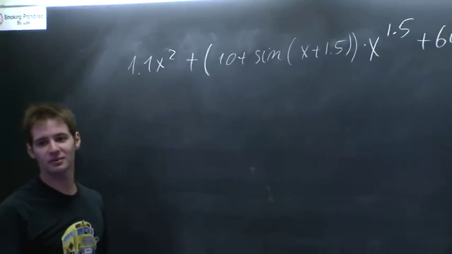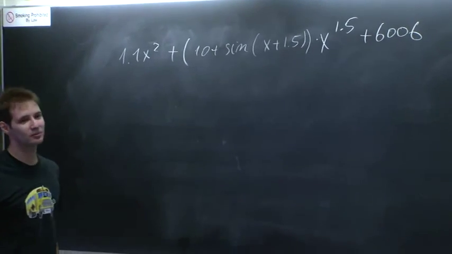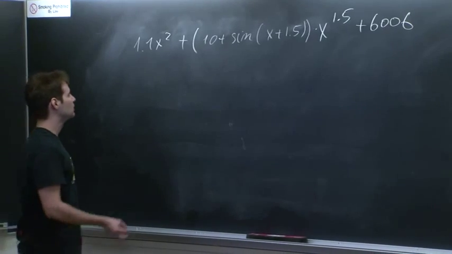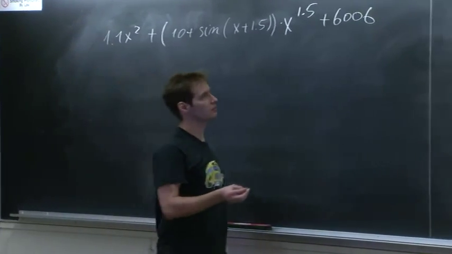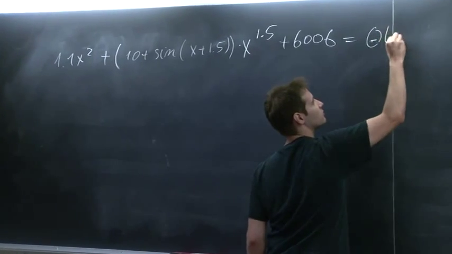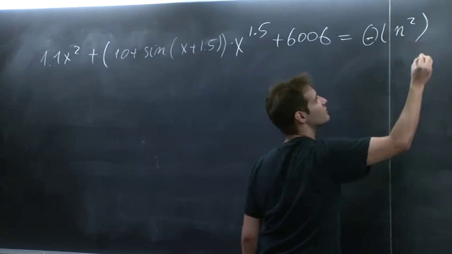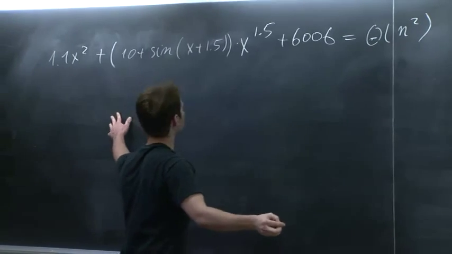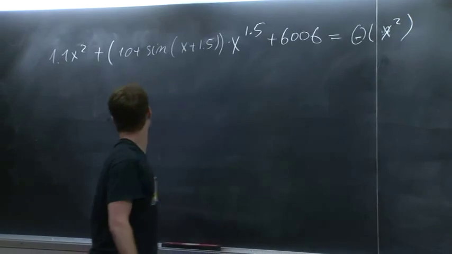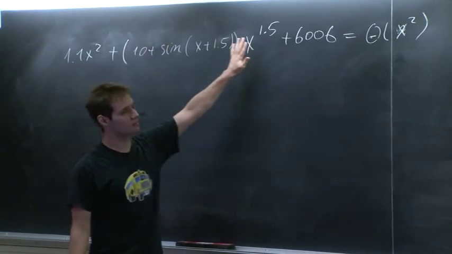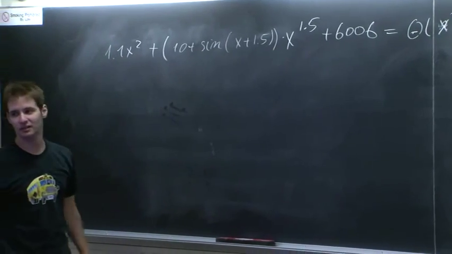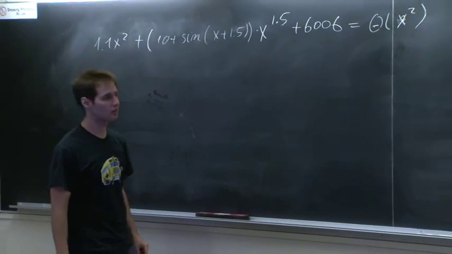You have this guy, which is quite long and horrible and would make your life miserable if you had to reason about it. And you can say that this is theta of x squared. Everything that's here goes away, and this constant factor goes away, and it's a nice and small function.